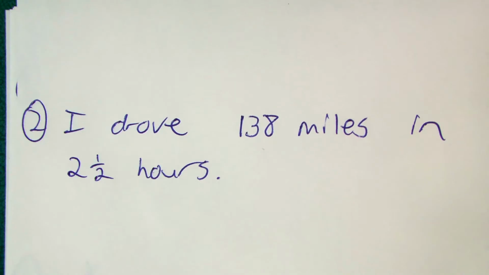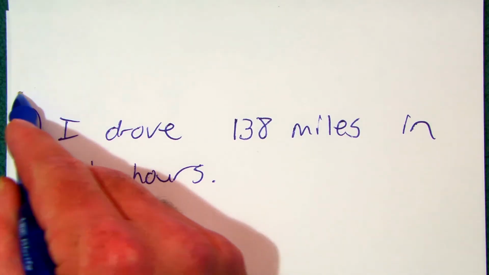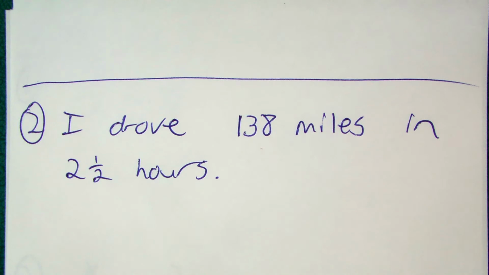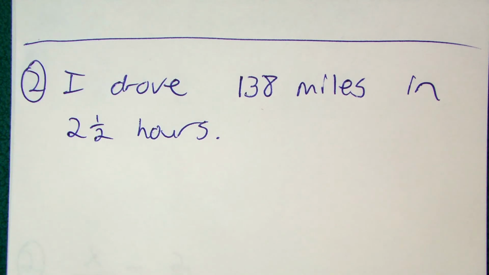Another unit rate is miles per hour. If you don't drive yet, and you see all those signs along the road for the speed limit, that's another example of a unit rate. You see 35, that's 35 miles per hour. That's how many miles you would travel in 1 hour. Our denominator is 1 with these unit rates.